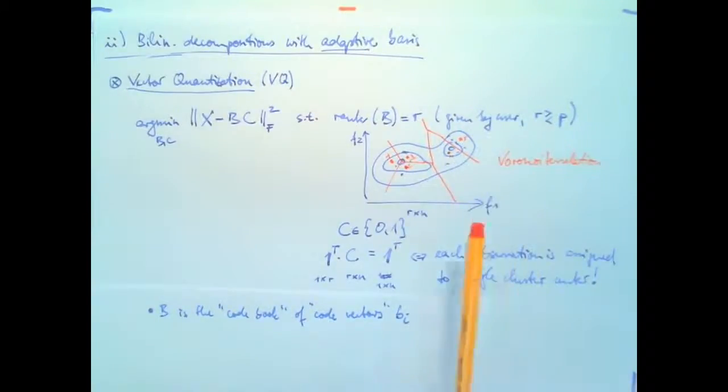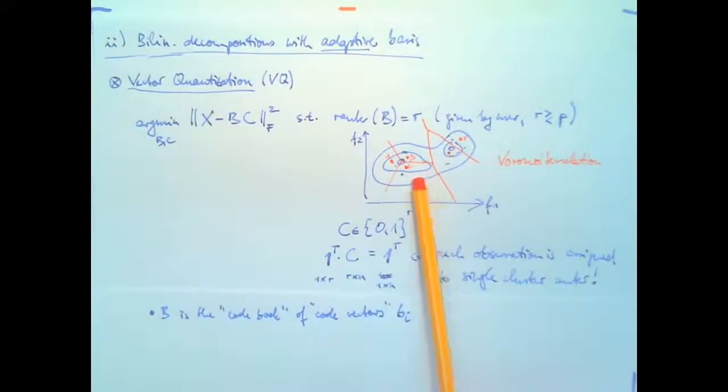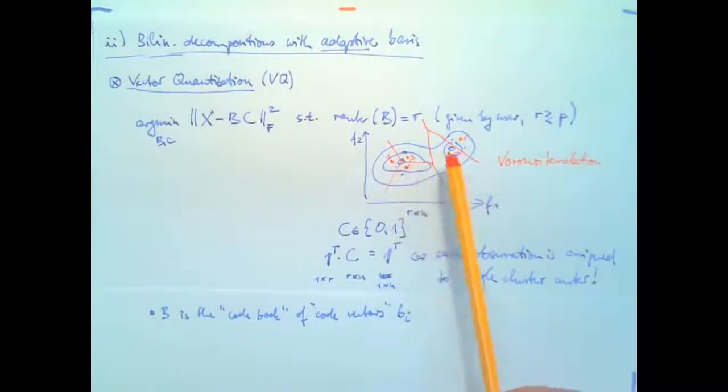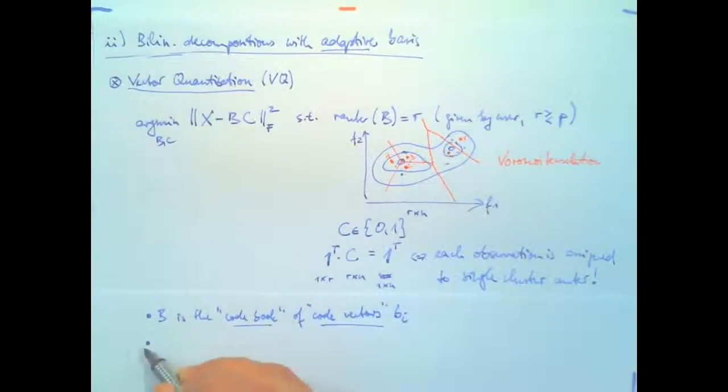I would represent each point from this two-dimensional space, each point from this R2, I would approximate by giving only the index of the closest code vector. So I would transmit across my line messages 1, 3, 1, 4, 2, 1, 5, etc. And to make sense of these messages, the receiver needs to know this code book of code vectors. This is the interpretation of B. These are the positions of the code vectors in the full feature space.